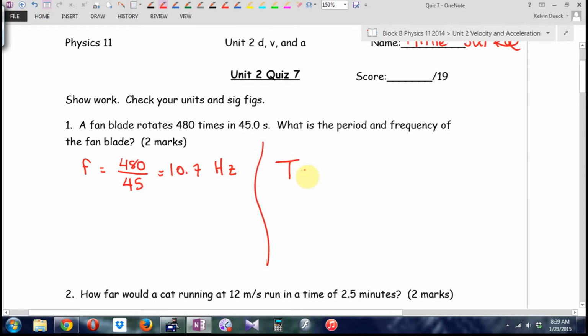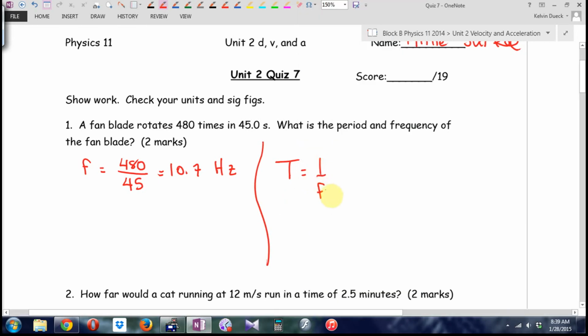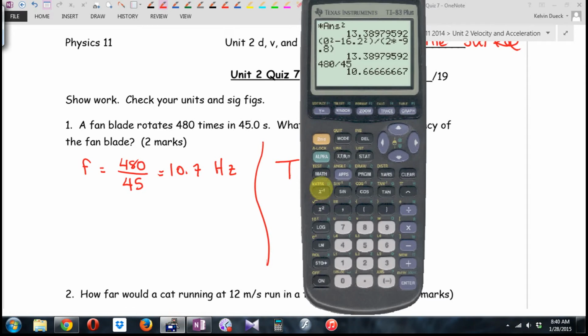The period, well, it's 1 over the frequency, so one way of doing it would be to go 1 divided by that. By the way, this notion of 1 over is so common, most of your scientific calculators have a reciprocal button, a little x to the -1. You could just use that if you're really lazy, and that says, I'll take the reciprocal of the answer.